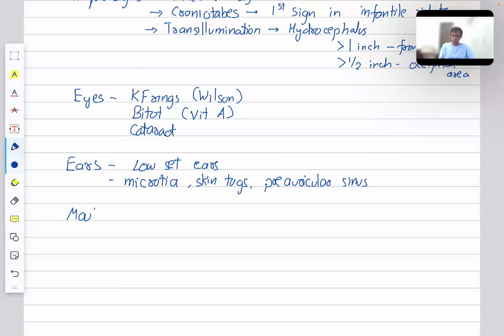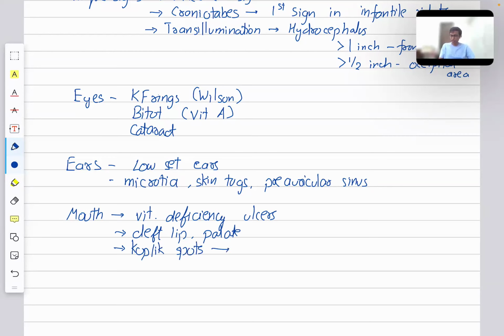Then what will you look for in the mouth? You may see vitamin deficiency ulcers, cleft lip or cleft palate, Koplik spots, again a very favorite LAQ in theory, seen in measles.